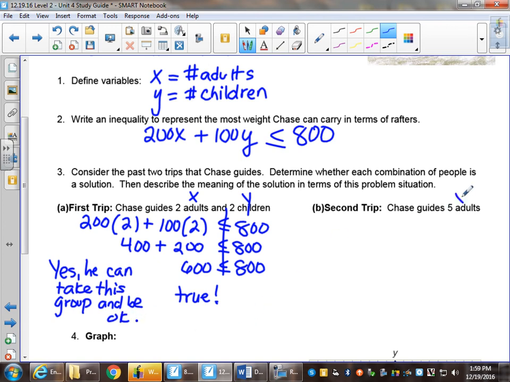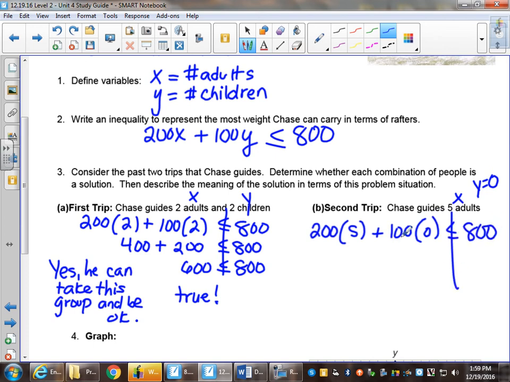5 adults would be a value for x, and then y is 0, no kids, which makes sense. Let's say there's 5 adults that want to go out. Let's see if they can fit into this raft. That'll be 200 times 5, because there's 5 adults, plus 100 times no children, less than or equal to 800.